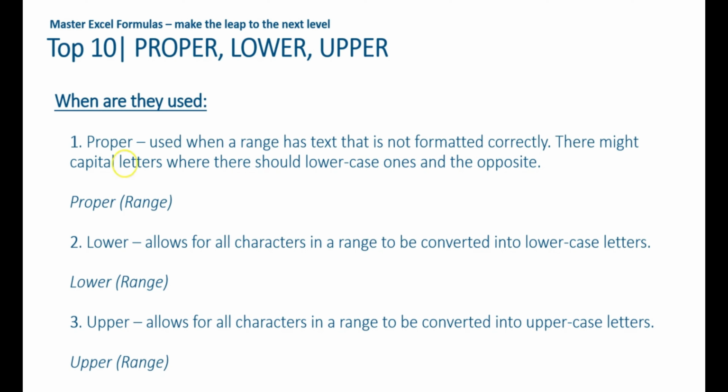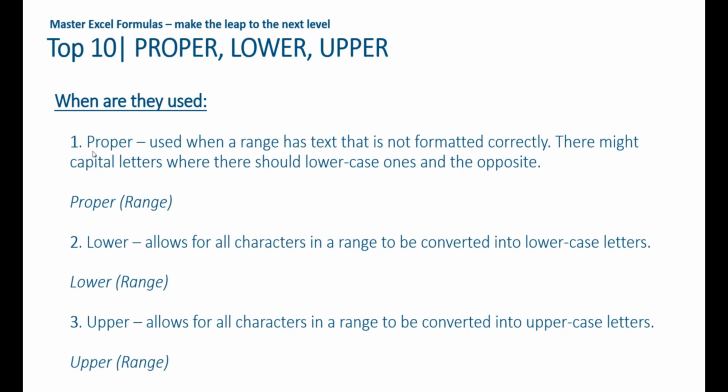Basically, proper is used when a range has text that is not formatted correctly. There might be capital letters where there should be lowercase letters, and that's what proper is used for. It goes there and it changes that.